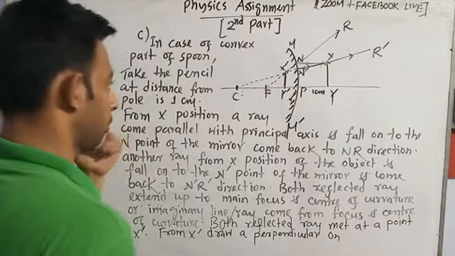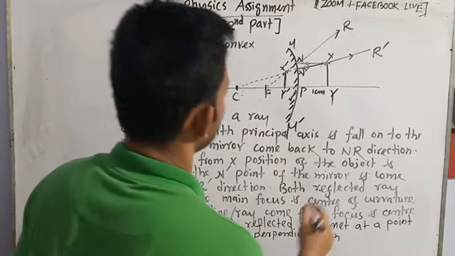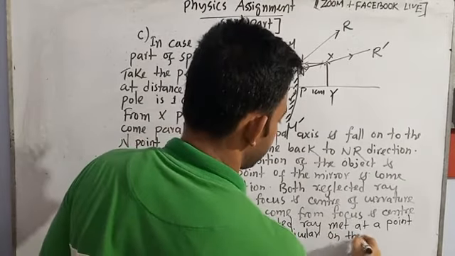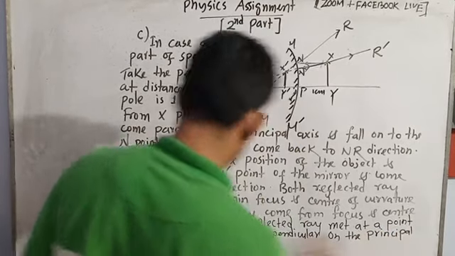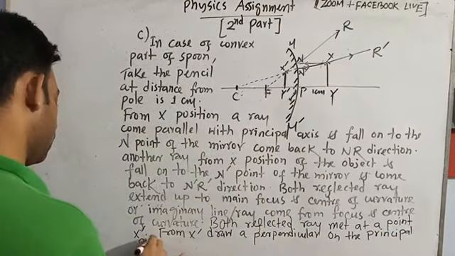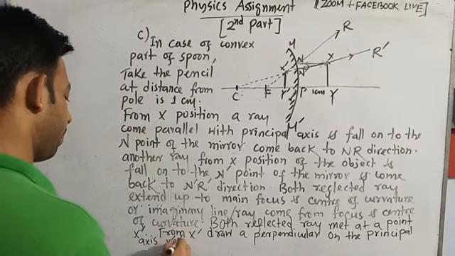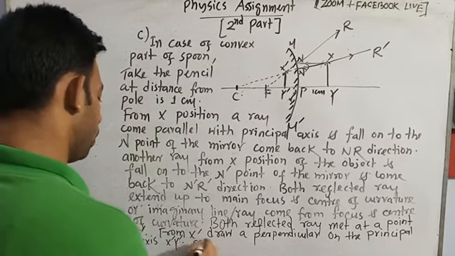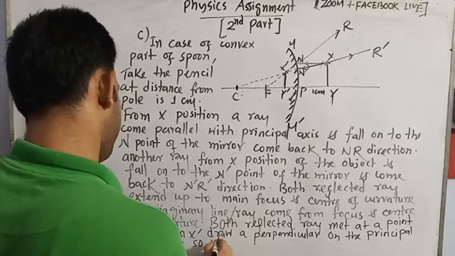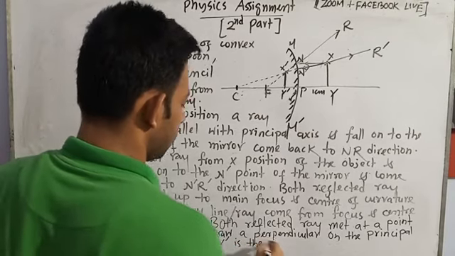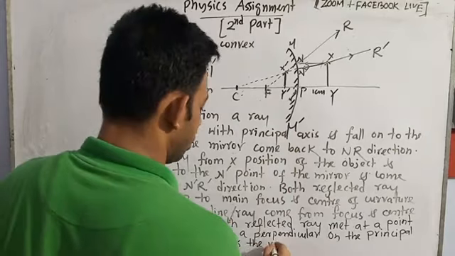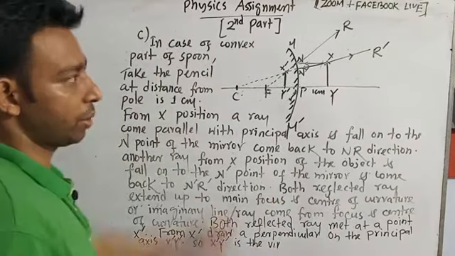on the principal axis, x prime y prime. So x prime y prime is the virtual image, since imaginary lines meet.